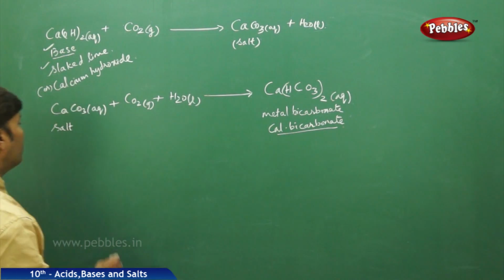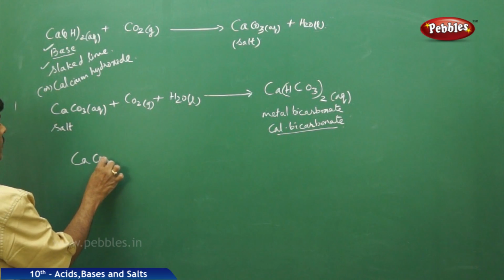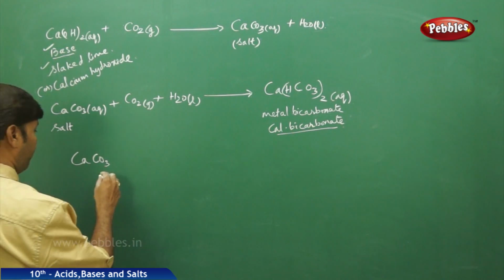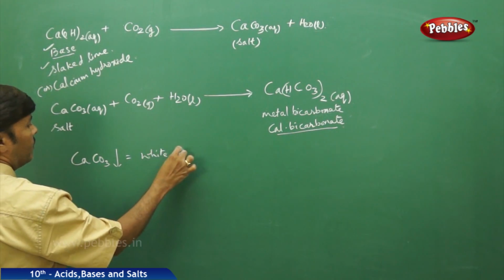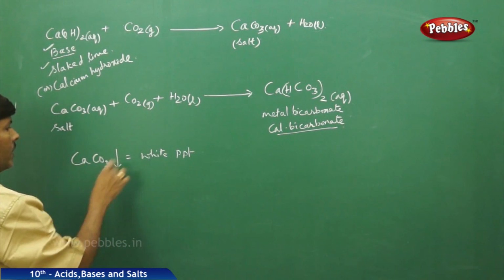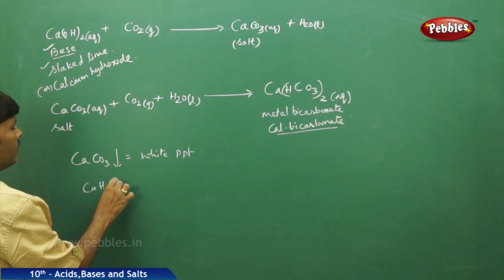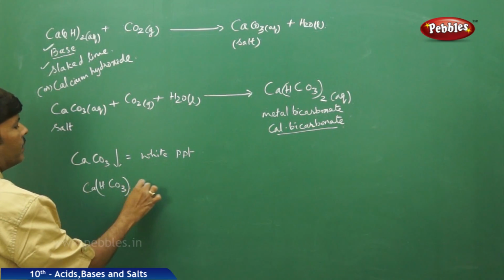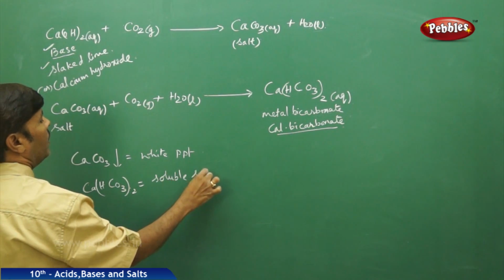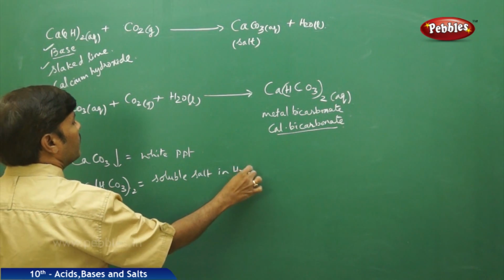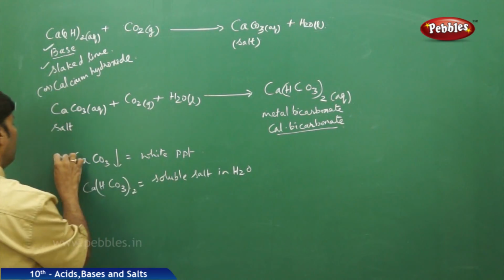The obtained calcium carbonate is actually a white precipitate, but once the calcium bicarbonate is formed, it is a soluble salt in water. These 2 points we have to keep in our mind.